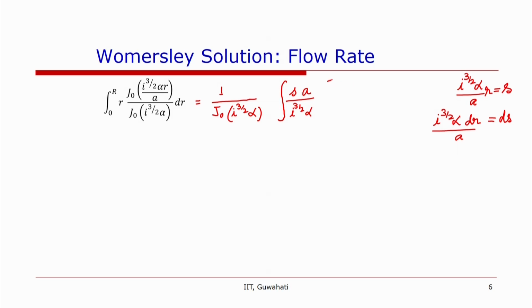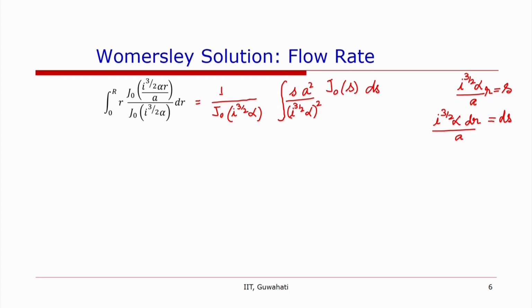Now J 0 of this entire term, which is s, and again dr is ds over i to the power 3 by 2 alpha, and this becomes A square. So we can get rid of all this here and just say A square here.